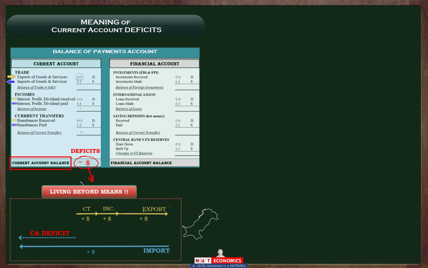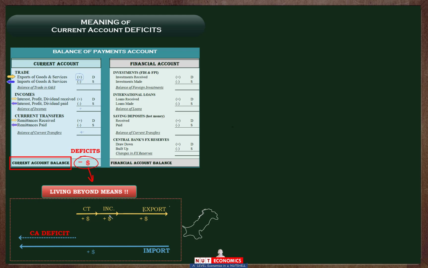Now, once you understand a current account deficit as telling you that the country is living beyond its means, it becomes pretty clear why these current account deficits can potentially be problematic. You are not selling things to other countries, you keep on buying from them, you are spending more dollars than what you are earning. So if you keep on getting into these current account deficits, then of course you will potentially get into problems.